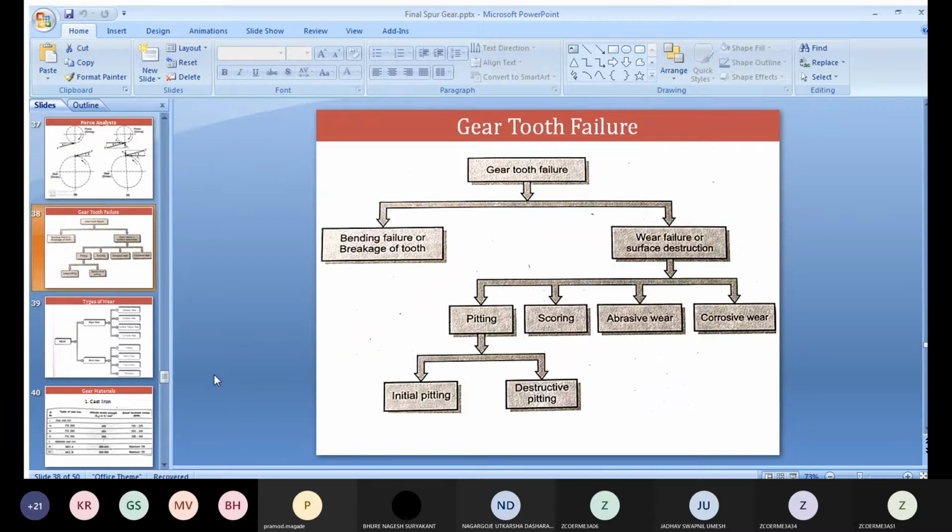Next point: when load is acting, the gear tooth exceeds endurance strength, due to which the nature of formation of cracks over the surface is increased.